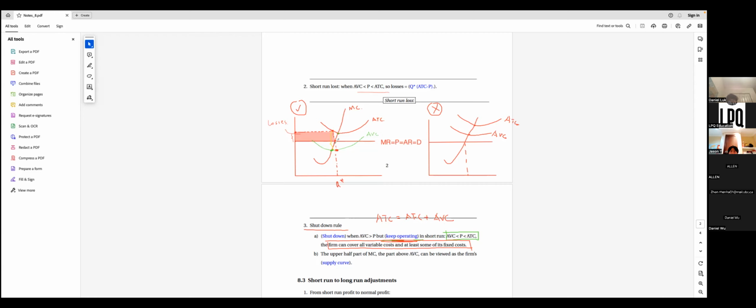The vertical difference between these two points is exactly equal to AFC. So that means you can cover at least some of the fixed cost. You can cover this much. This is only part of the fixed cost, but you cannot make money to cover this part.